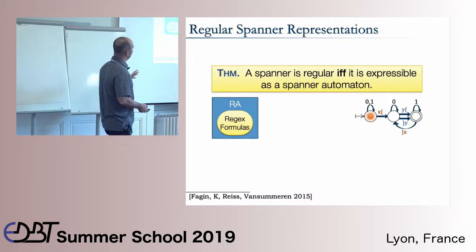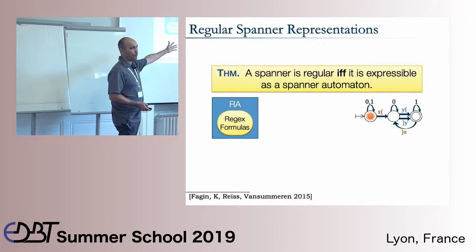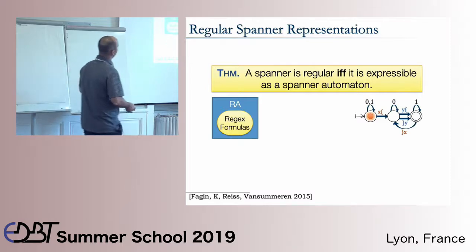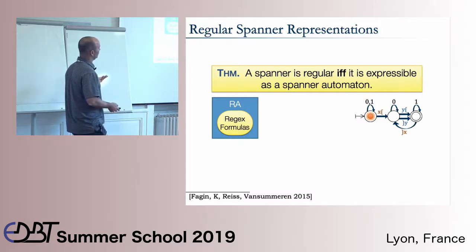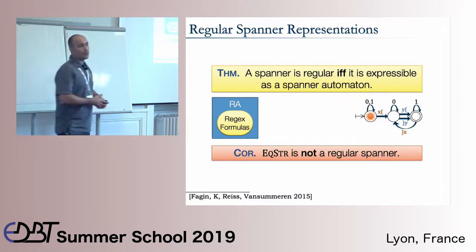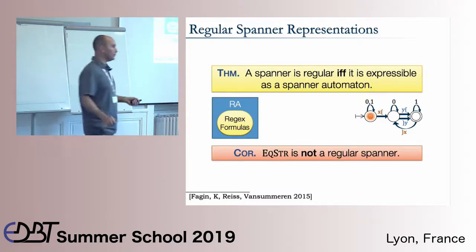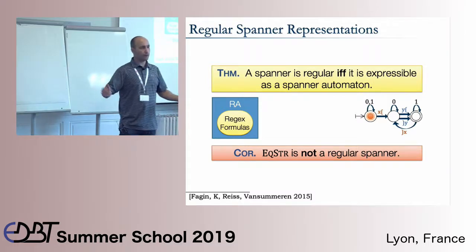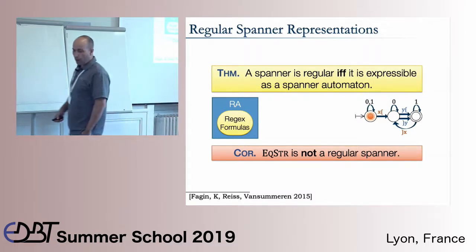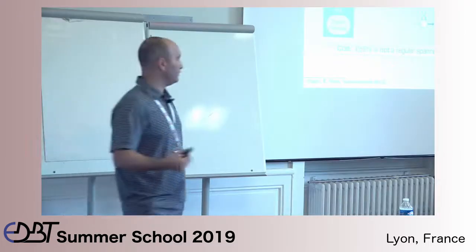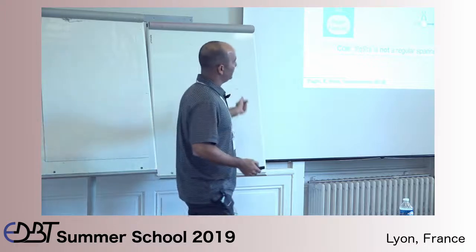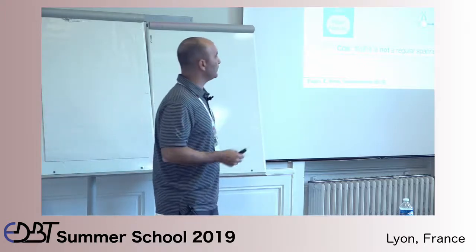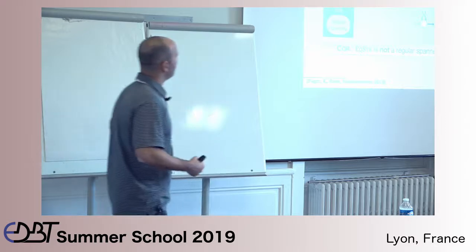One immediate consequence of this theorem, that the regular spanners are captured by the spanner automata, is that you cannot do string equality with a regular spanner. This is obvious to everyone who works with spanners. It connects to the very basic properties of automata and regular languages.